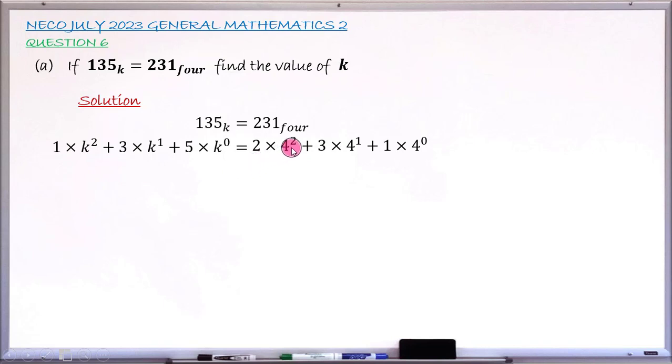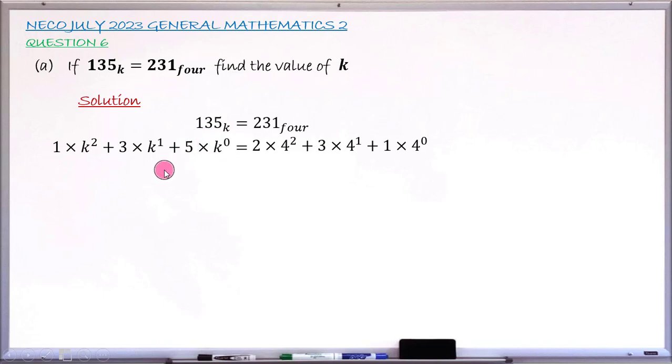So I'll now evaluate those powers. 4 raised to 2 means 16. 16 times 2 gives you 32. 4 raised to 1 is 4, times 3 gives 12, and 4 raised to 0 is 1, times this 1. Similarly here, k raised to 2 is k square, k raised to 1 is simply k, while k raised to the power of 0 gives you 1, times this 5.